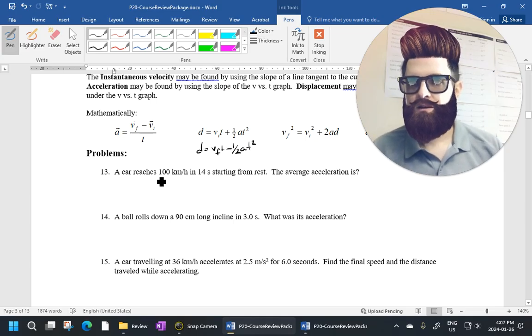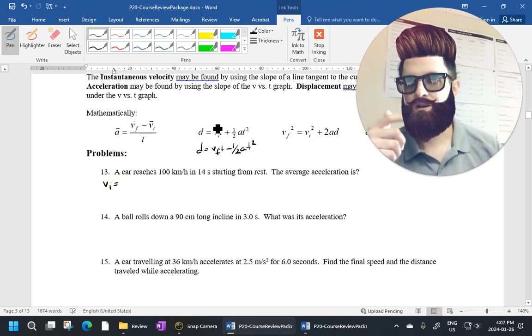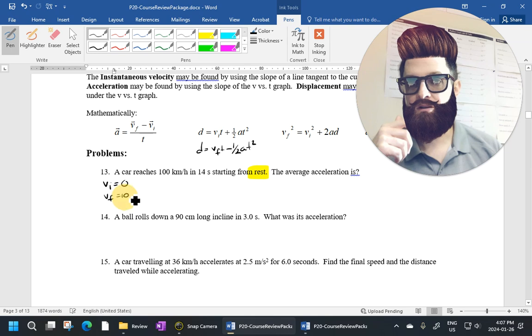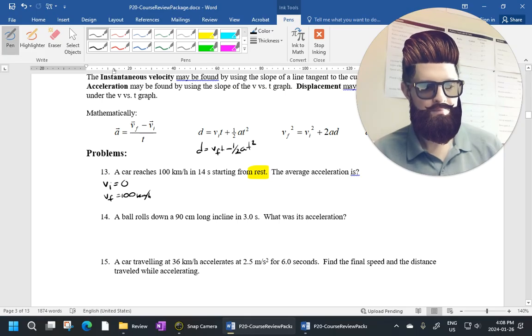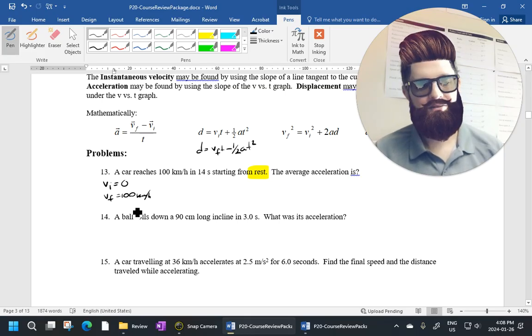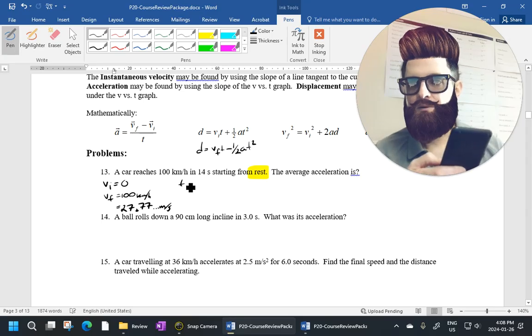So, well, what do we have here? It reaches a certain velocity from rest. So we got some keywords, right? We got rest. So if it's at rest we're going to start at 0. We've got a final velocity of 100 kilometers per hour, which I'm going to want to change. Remember, we want to change that. You could divide by 3.6. In this case, it's 27.7 repeating meters per second. Okay. Here we have time.